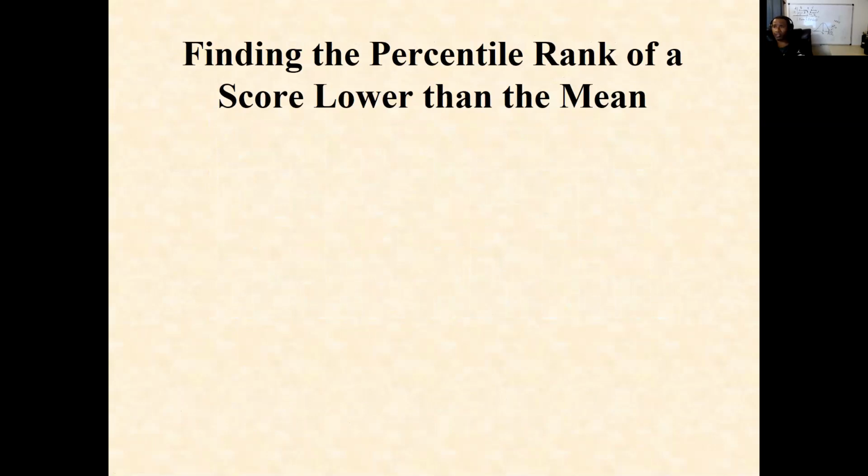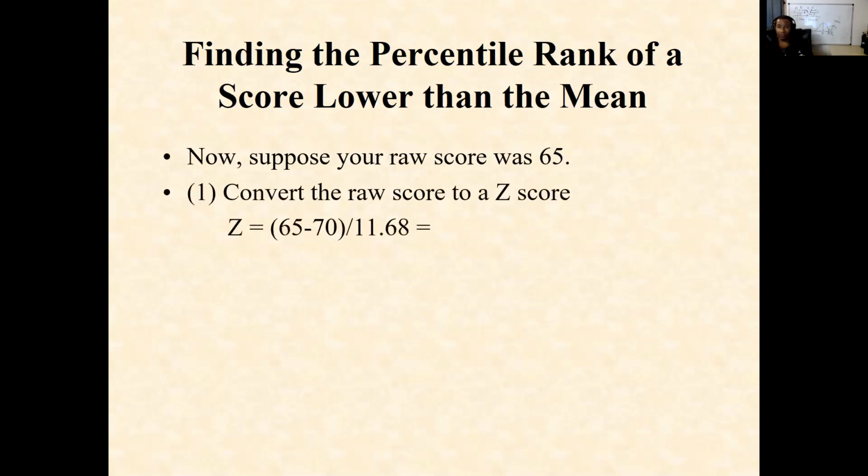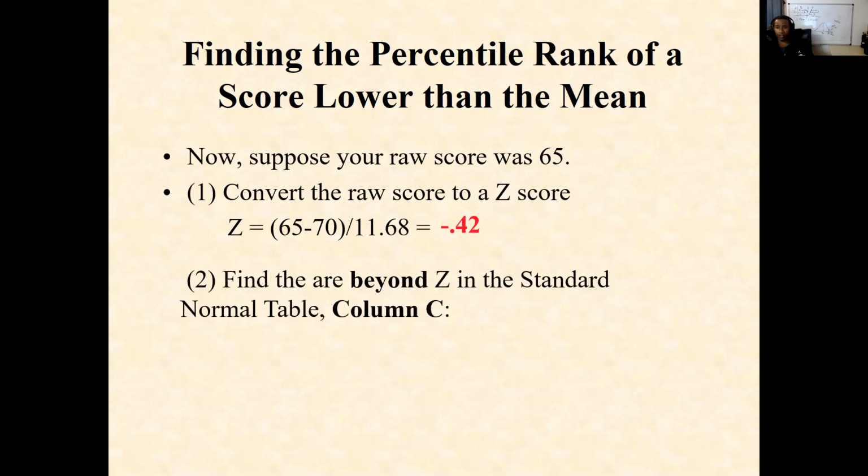All right, so let's find the percentile rank of a score lower than the mean. Let's just say you have a raw score of 65. This is another number that we already calculated. So we already know that the z value, 65 minus 75, negative 10, divided by 11.68 gives us negative 0.86 approximately. So we take that z value, and then we look into the C column.